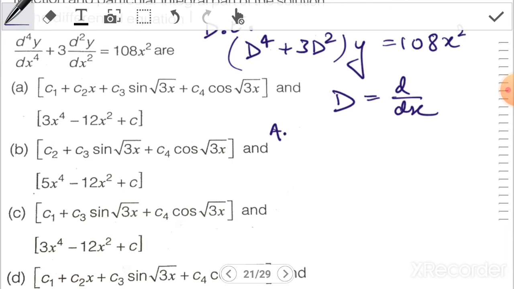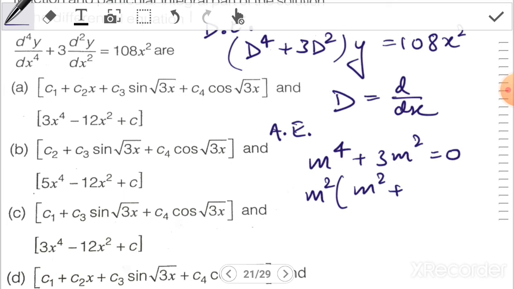Then auxiliary equation is given as m power 4 plus 3m square is equal to 0. Taking m square as common, m square plus 3 is equal to 0.